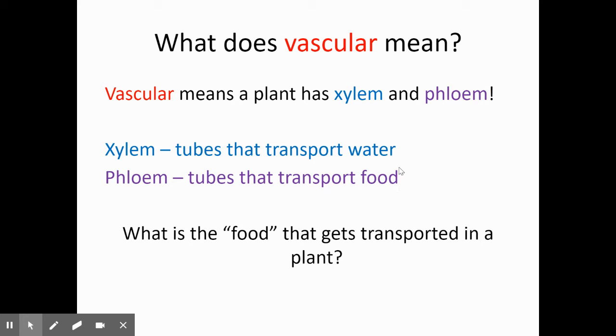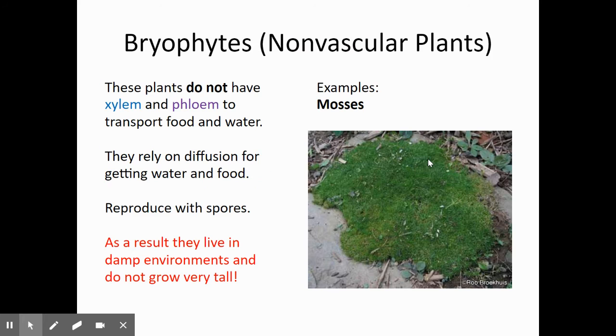Photosynthesis takes place in the leaves of a plant, and when it makes glucose, that glucose has to be transported to other parts of the plant. It's the phloem that is involved in transporting that food. So if a plant has xylem and phloem in it, that means that it is a vascular plant. It has tubes for transporting water and transporting food.